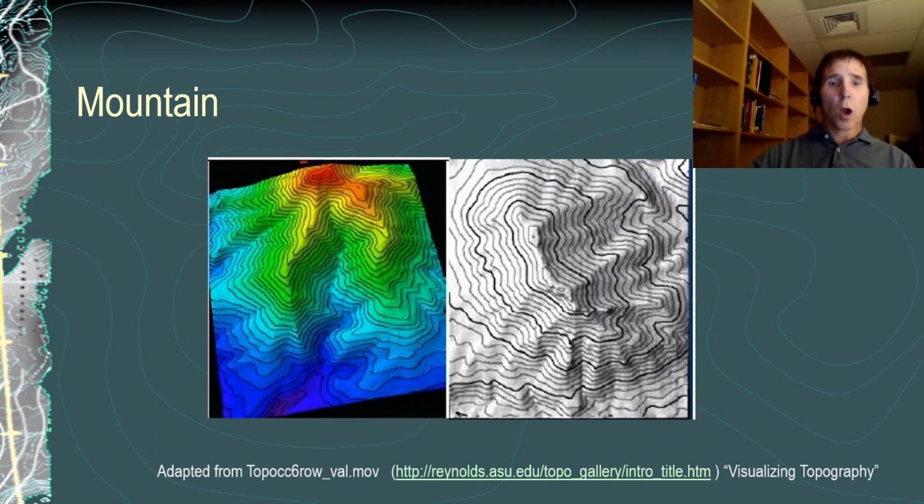Since mountains are higher in elevation than hills, they tend to have a more irregular shape to them. Notice here the contour lines are highly irregular. They're jagged. They also have much steeper slopes and can include other more complex features such as cliffs, valleys, plateaus, etc.